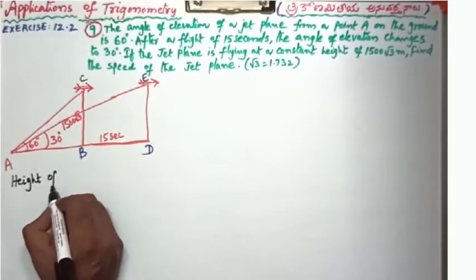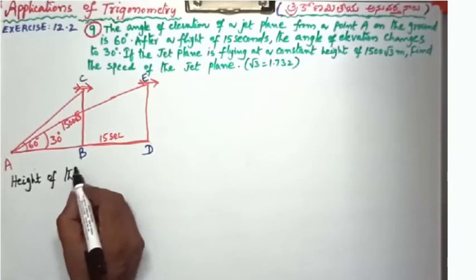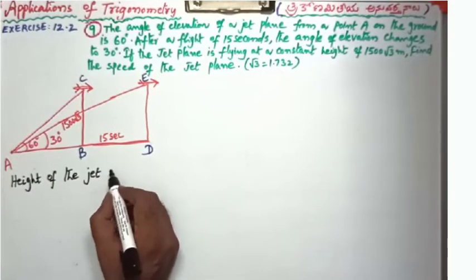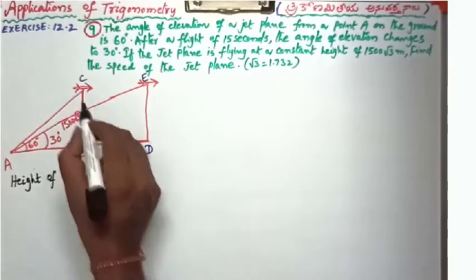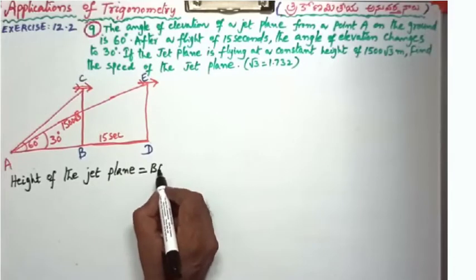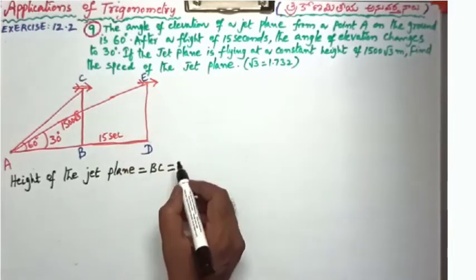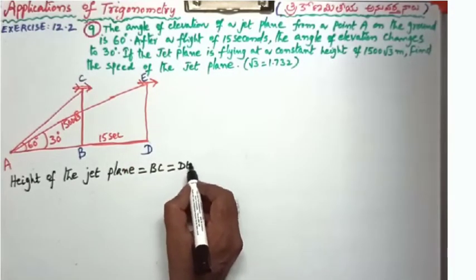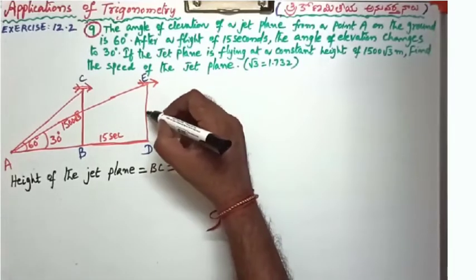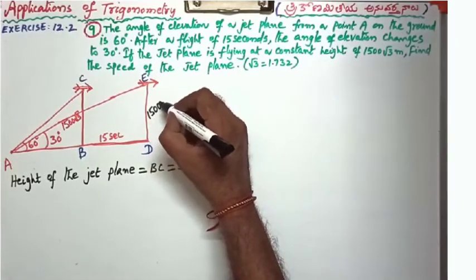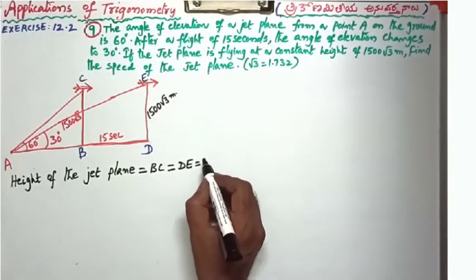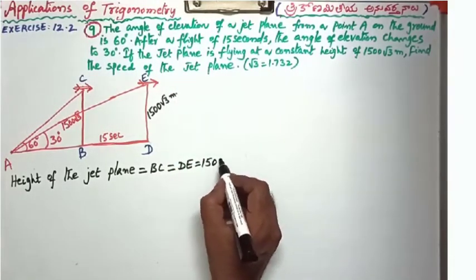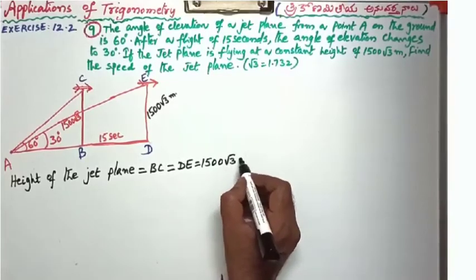Height of the jet plane is equal to BC, that equals DE. So this one also is 1500 root 3 meters.